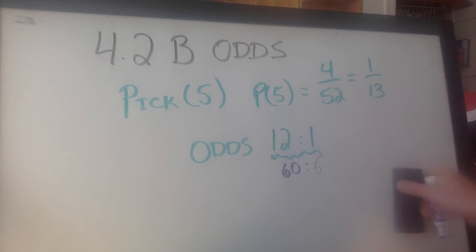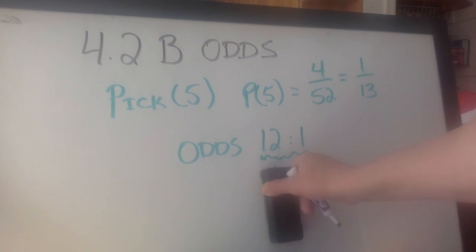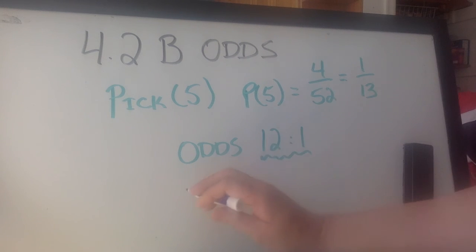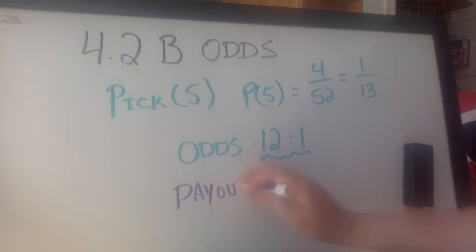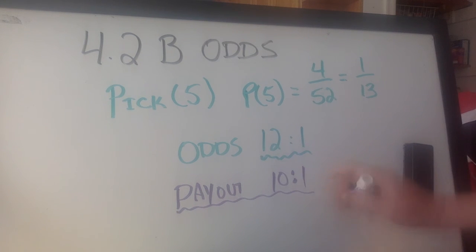Here's how Las Vegas stays in business. They make what's called the payout 10 to 1. So what they do is they pay out $10 for every dollar you bet.